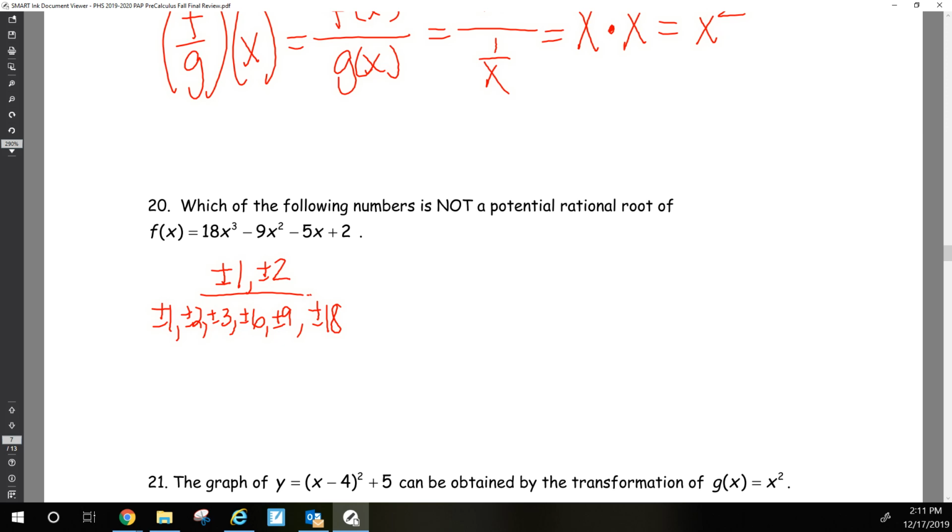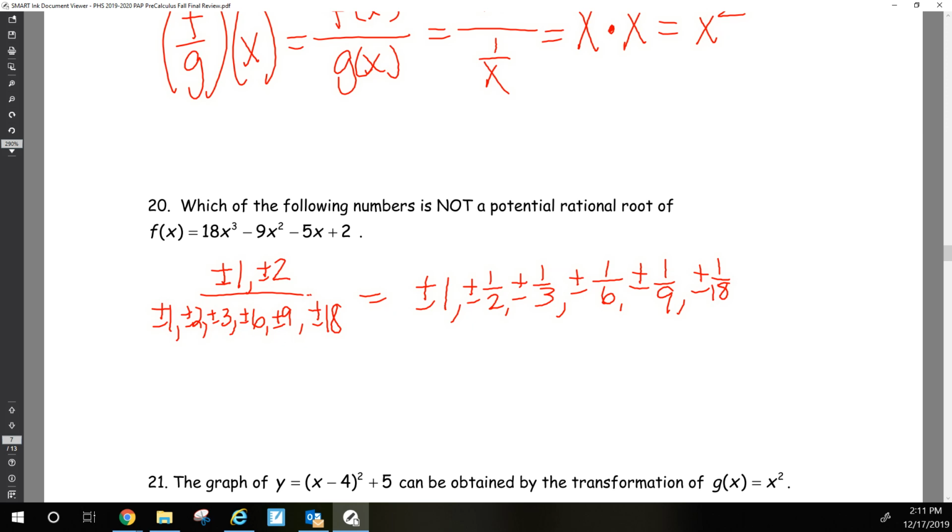All right, so I got 1 divided by 1, so plus or minus 1, plus or minus 1/2, plus or minus 1/3, plus or minus 1/6, plus or minus 1/9, plus or minus 1/18. So that's 1 divided by each of these.